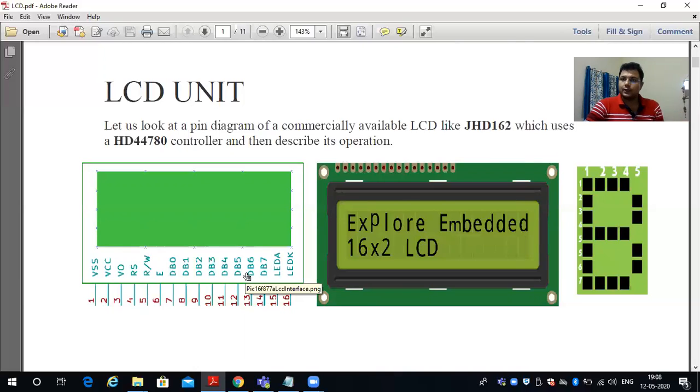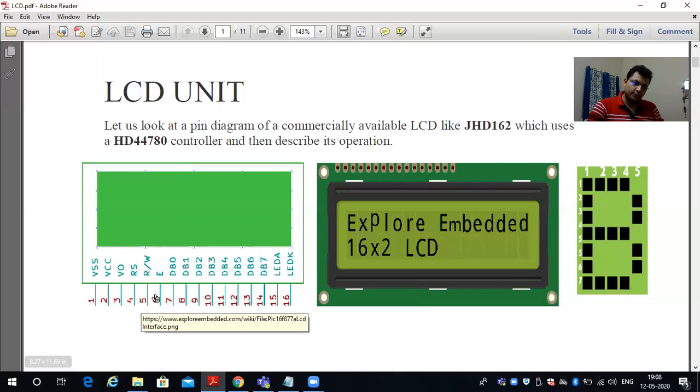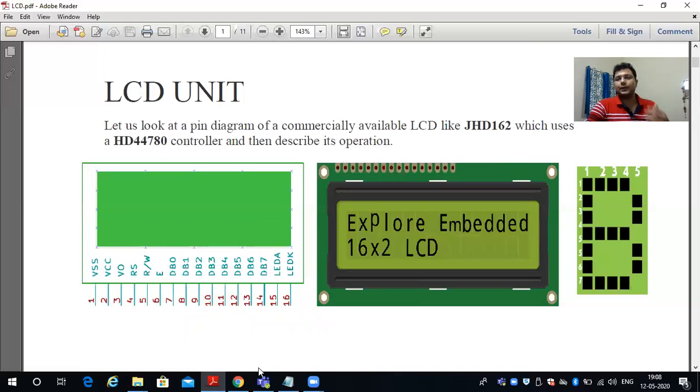Now to control the display unit, we have the register select pin, and the read write pin, whether you want to read anything which is there on the display, or you want to write something. So for that, 5th pin is there, and the 6th pin is the enabling pin.